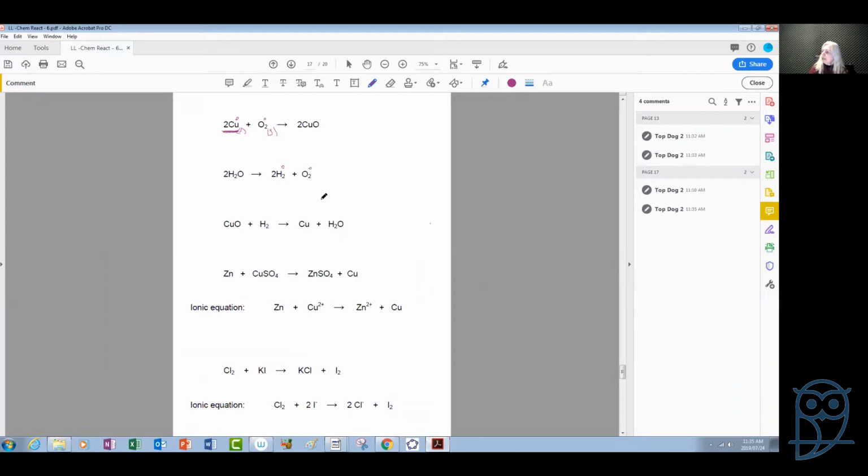But if they are part of a compound, like this one, copper oxide, then we assign them an oxidation number, which we call the oxidation state of this atom, as if we pretend that this was an ion, and what would be the charge of this ion?